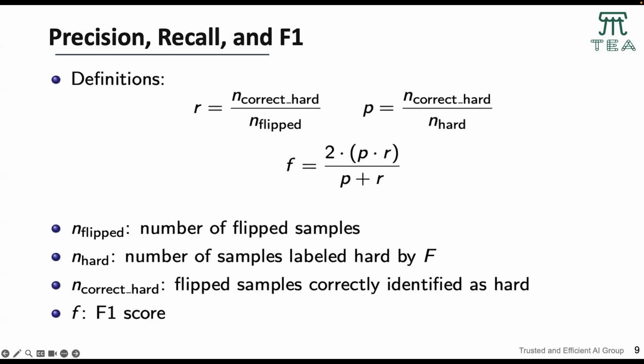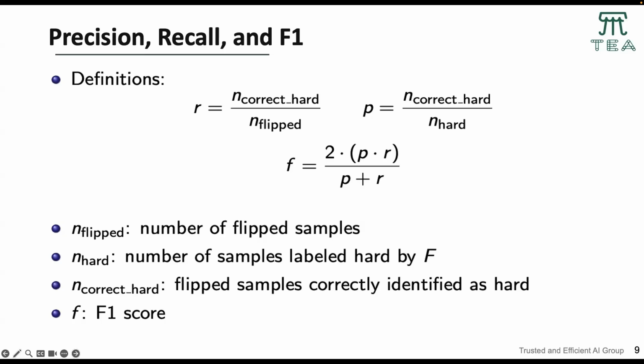We have three metrics. The first is recall. Recall asks, out of all the flipped labels, which are our ground truth hard samples, how many did we actually catch? Because we know how many we flipped, right? And after the profiling, we can count how many of those flipped ones were caught.